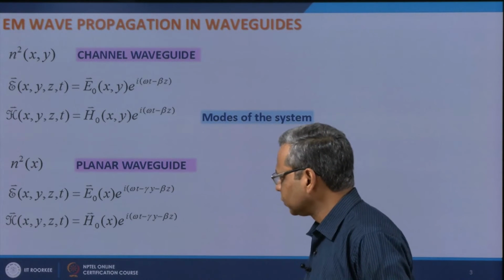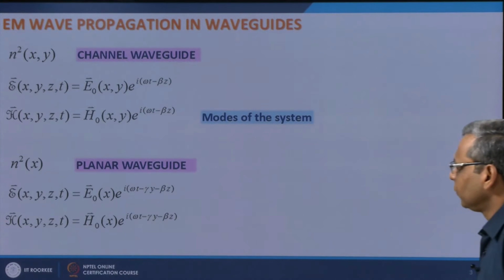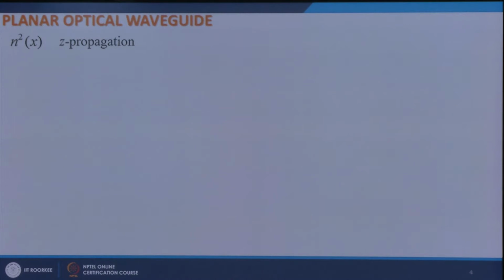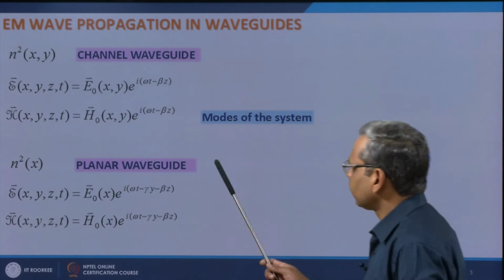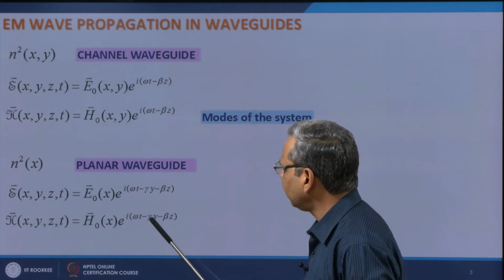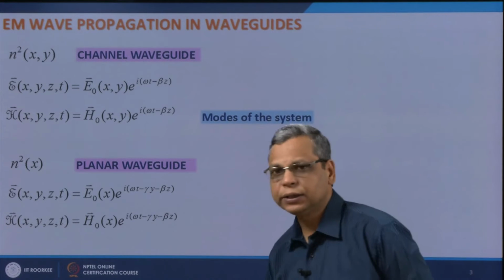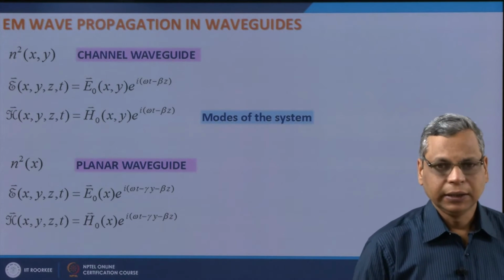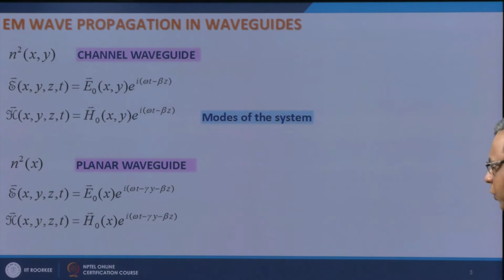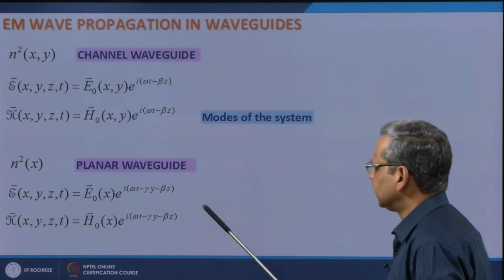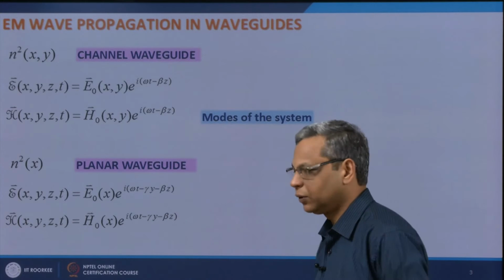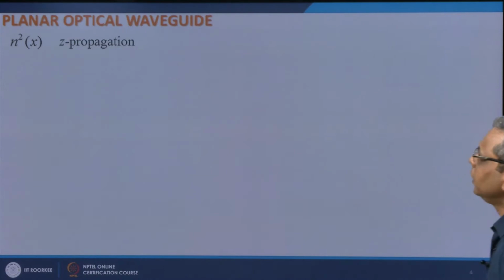So, they are functions of x and they form the mode of the planar waveguide. And I can choose either beta here or gamma depending upon in what direction the mode is propagating. So, if I choose the direction of propagation as z, then I can put gamma equal to 0.